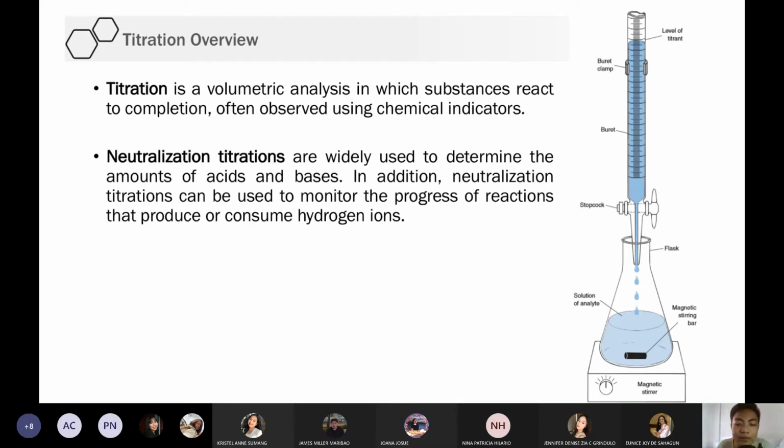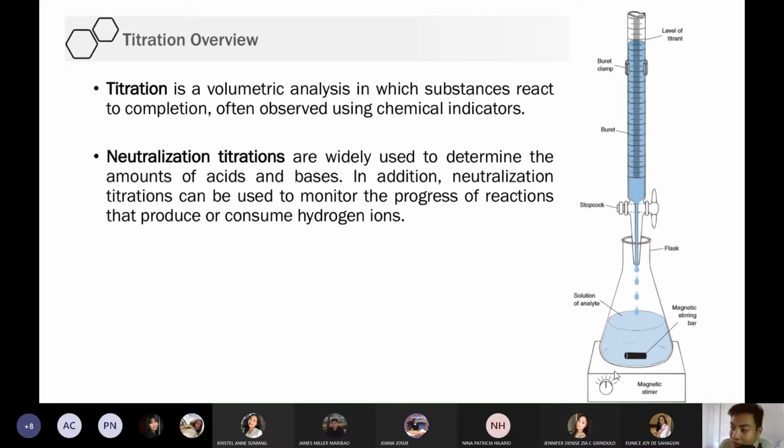Okay? So, again, to summarize, we say that titration is a volumetric analysis in which yung dalawang liquids, yung components nun, you react them together into completion. And during that process, there will be an associated color change, no, with the help of the chemical indicator.